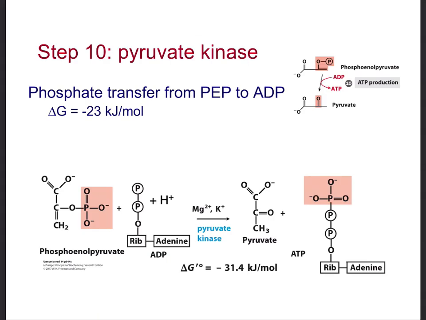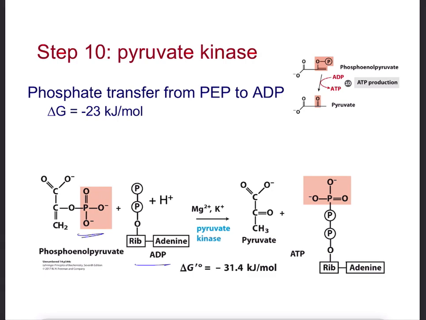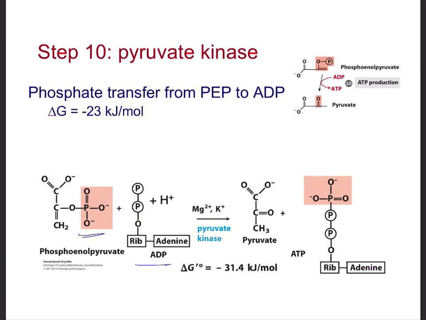So with pyruvate kinase, what we're going to see is the transfer of our phosphate from phosphoenolpyruvate onto ADP, and we'll see a similar reaction to what we saw with the formation of ATP earlier. So the negative charge on the phosphate is going to attack.